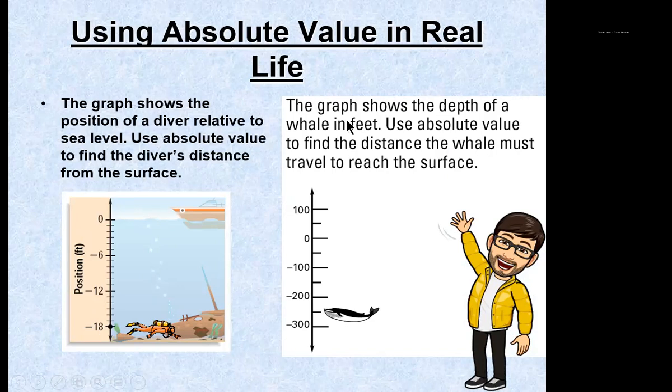And then on the right side, the graph shows the depth of a whale in feet. Use an absolute value to find the distance the whale must travel to reach the surface. Ayan yung whale natin. Nasa in between of negative 200 and negative 300. So, magiging negative 250. So, negative 250, absolute value is 250. Okay? So, that's it. The whale shark or butanding.